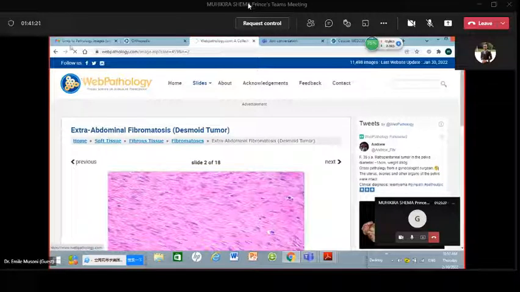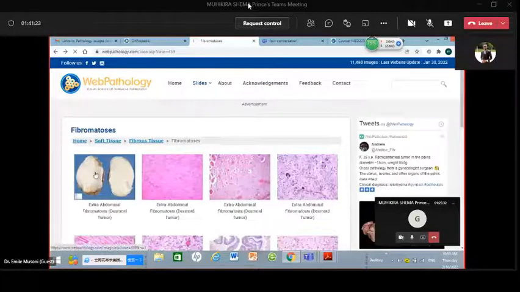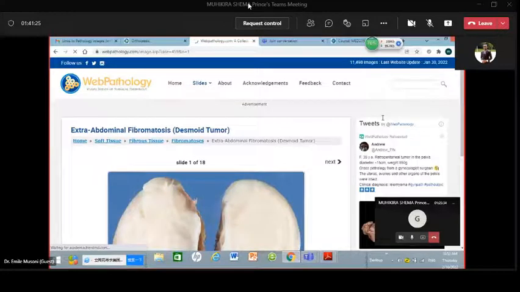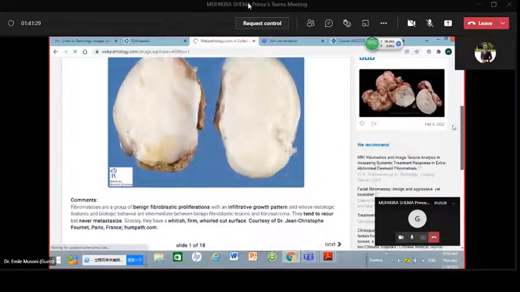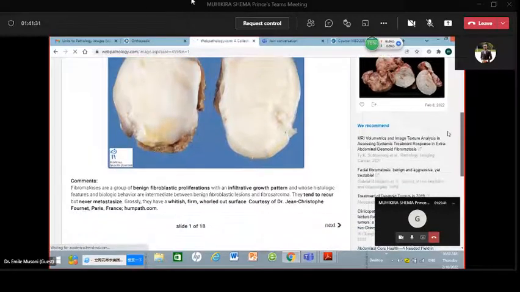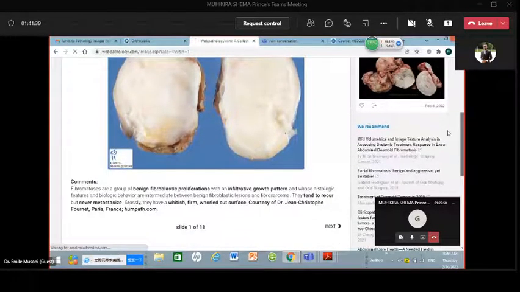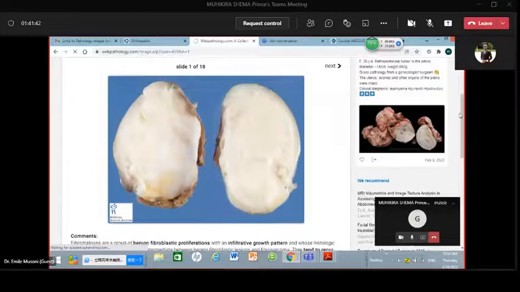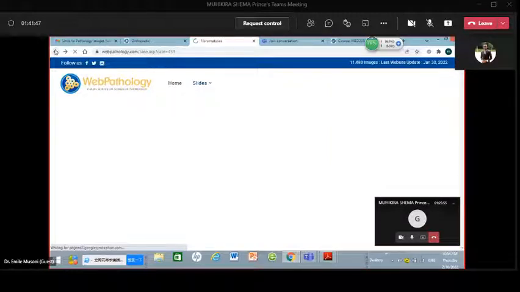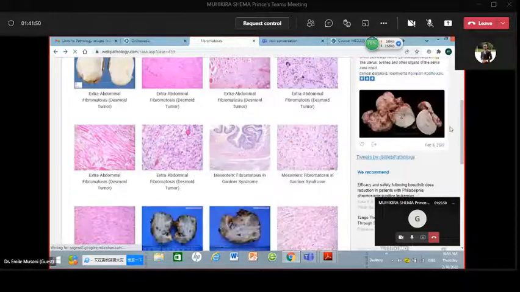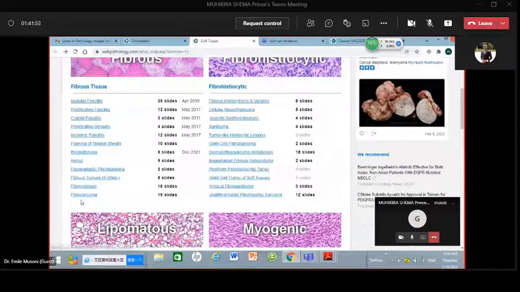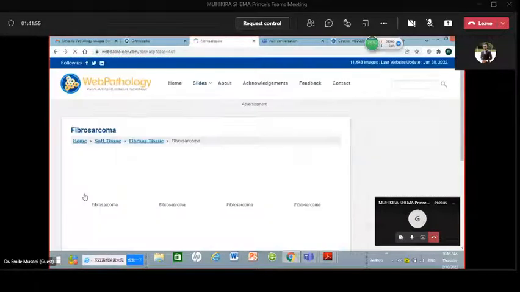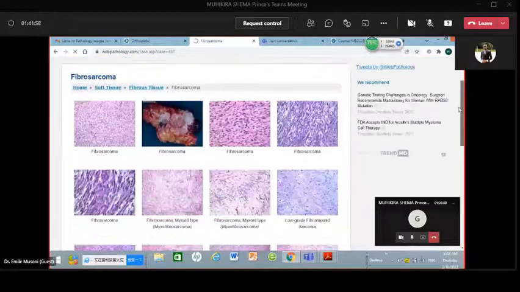And grossly, it is like this. When you find this tumor in the abdominal wall muscle, most of the time you can think about desmoid tumor or fibromatosis. Another common one in the fibrous tissue is the fibrosarcoma. This one is malignant.